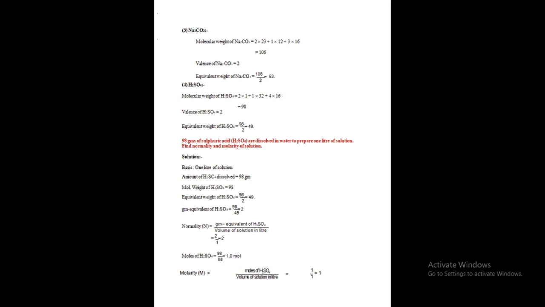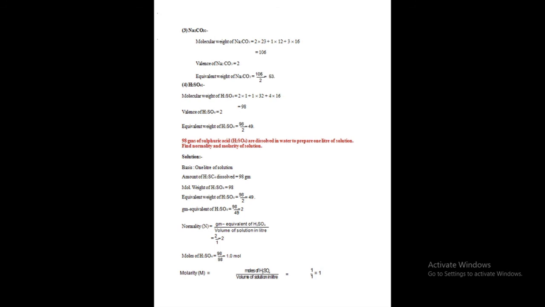So how to calculate the gram equivalent of solute, sulfuric acid? The formula for gram equivalent of sulfuric acid is equal to weight of sulfuric acid divided by equivalent weight of sulfuric acid. Don't forget, gram equivalent is weight divided by equivalent weight.